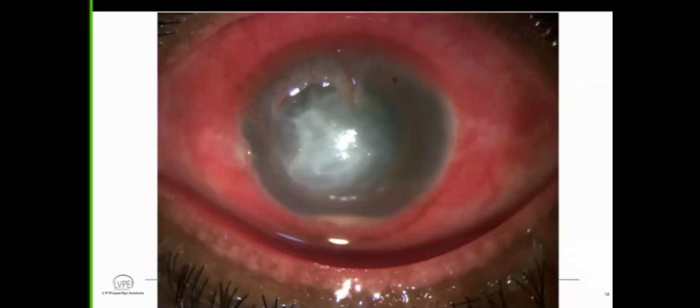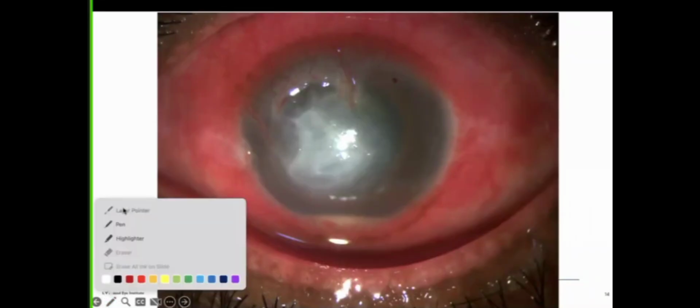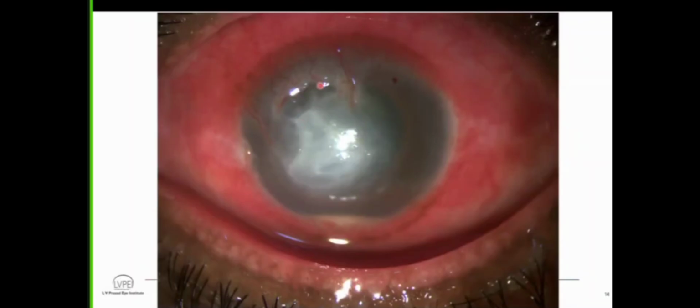So just beyond the pannus, are you able to see those two reflections and an apparent area where the cornea appears to be a little clear? Is my pointer visible? Yeah. So this area.